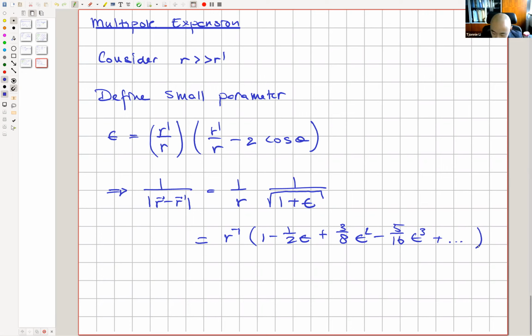Now let's take a look, because we've defined epsilon to be this parameter over here. Let's move things over a little to give a little space.